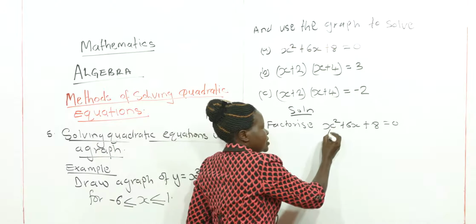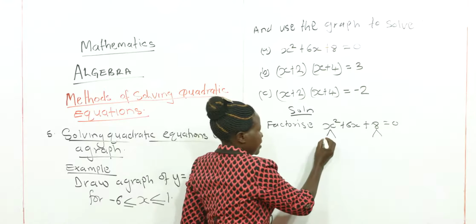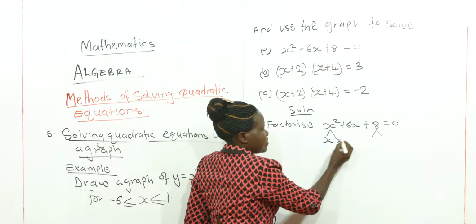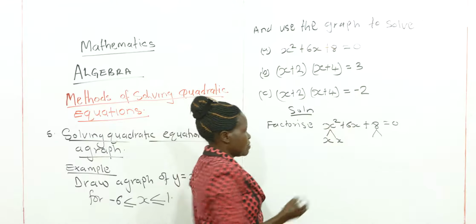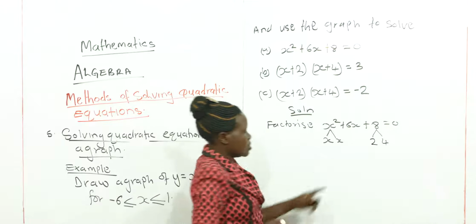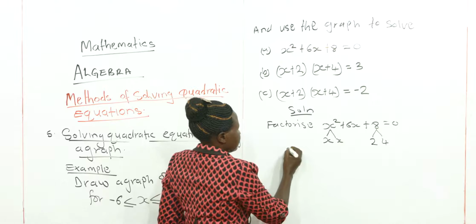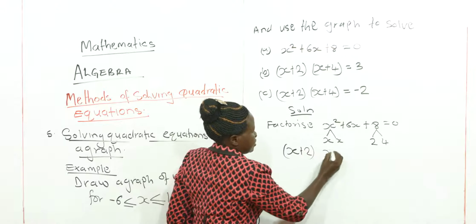You break the first term and then you break the third term. It means you look at the numbers that you multiply to get x square, and then here we have 2 and positive 4, which will automatically give us x plus 2 and then x plus 4.